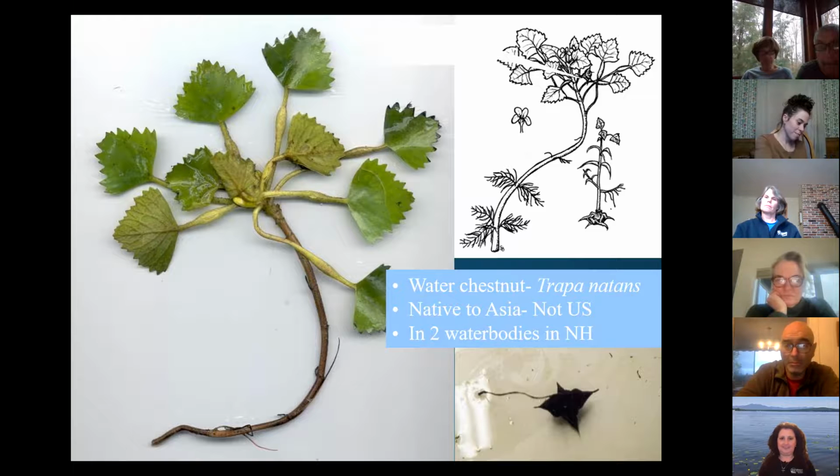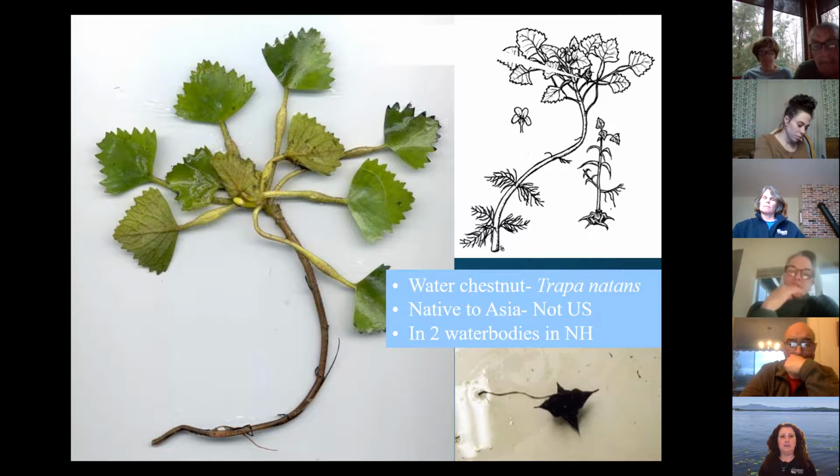This one doesn't taste nearly as good. And it has this wicked seed on it that's woody. It's about the size of maybe a small ping pong ball. And it's got these spines on it. So these spines allow this seed to hitchhike in the breast feathers of birds and sometimes the carpeted bunks of boat trailers. So it can move around between water bodies.